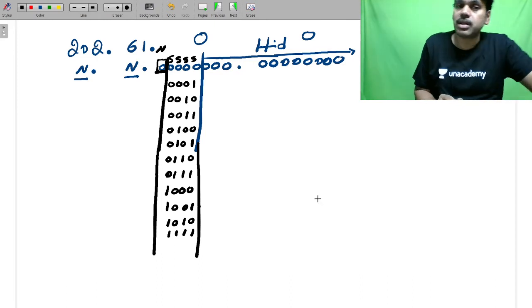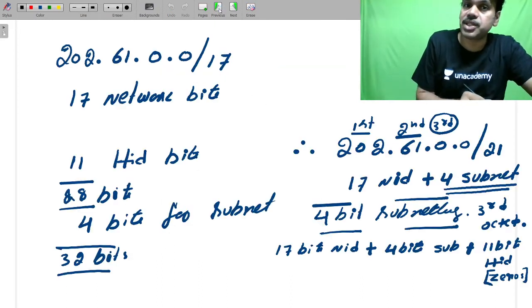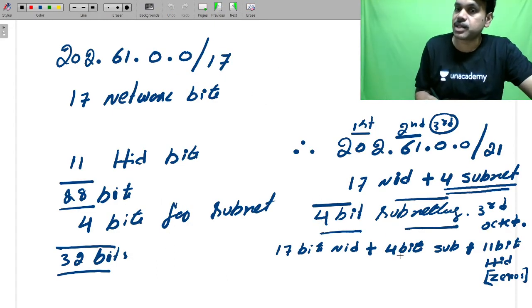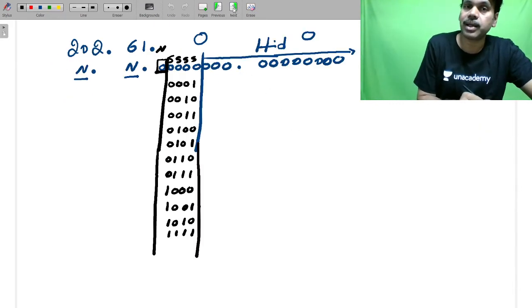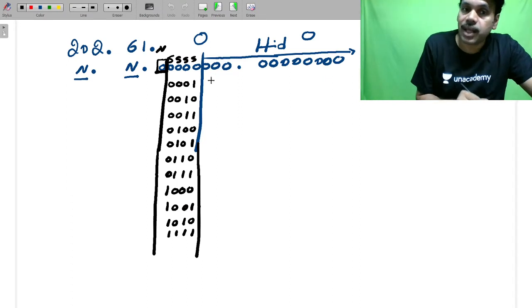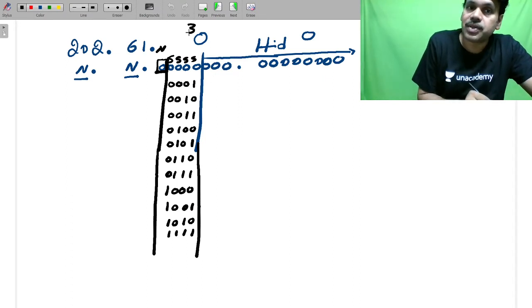So you got 16 combinations. Why 16 combinations? Because 4-bit subnetting means the number of subnets is 2 power 4, which is nothing but 16 subnets you will get.